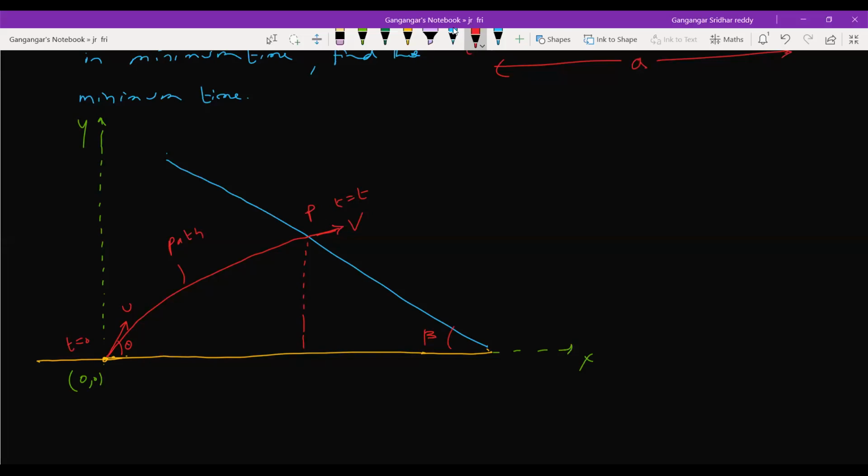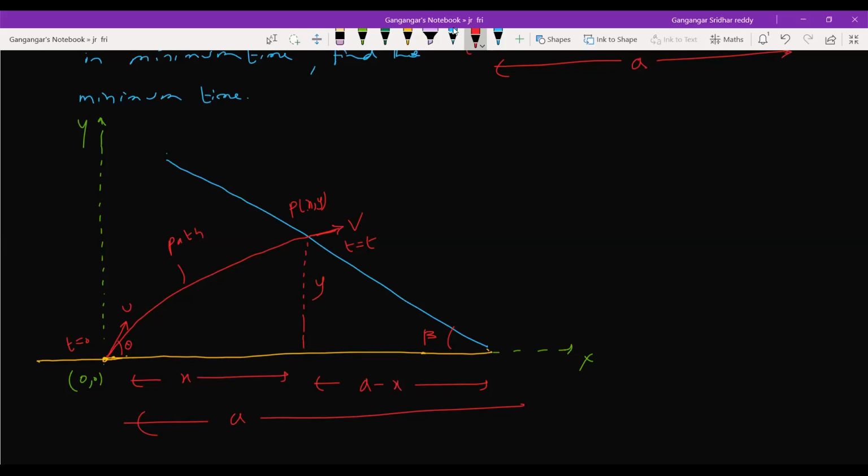Now what is the distance given? Let it strike the inclined plane at point with coordinates x comma y. So this will be y, and this distance will be x here. What will this distance be? A minus x, because the distance given is a. Get ready with all this.